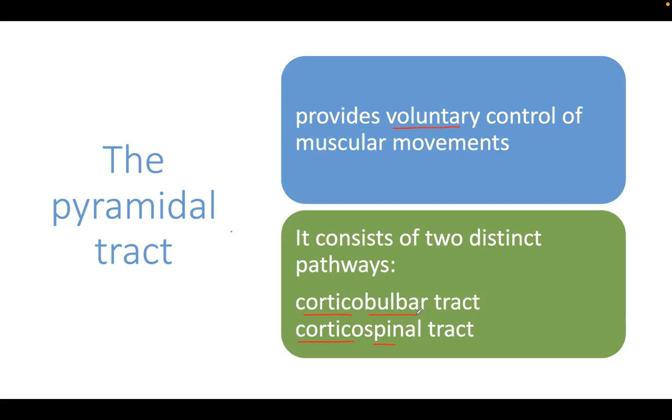So again, what are the two distinct pathways of the pyramidal tract? Number one, corticospinal tract. Number two, corticobulbar tract.